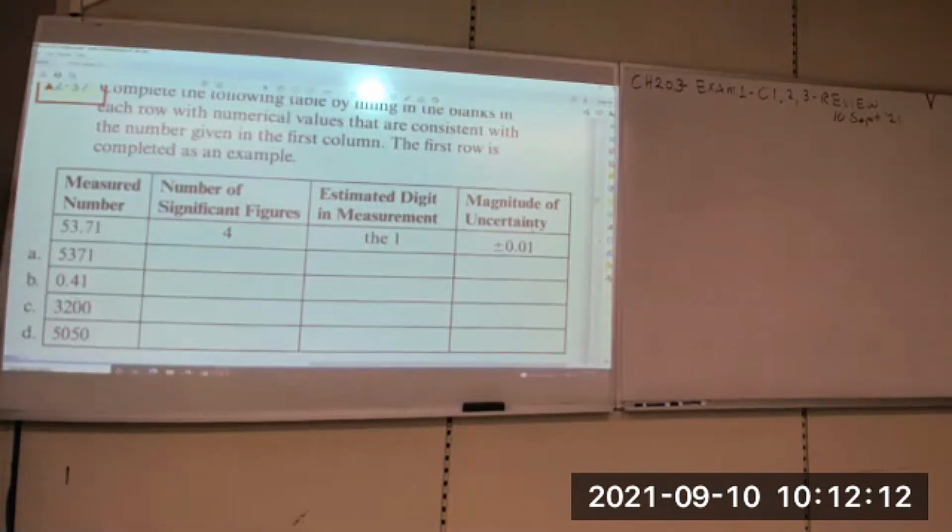But for the sake of argument, we'll let them get away with this one and say, whenever the position is in the 100th, then it's plus or minus 0.01. If the position is in the 10th, it'll be plus or minus 0.1. If the position is the 1 position, then it'd be plus or minus 1.